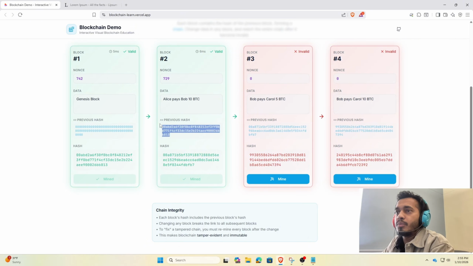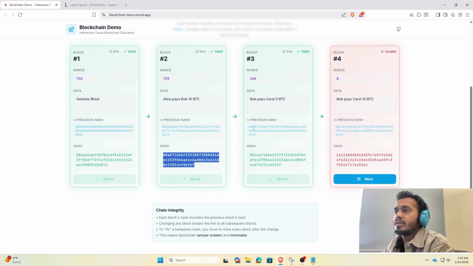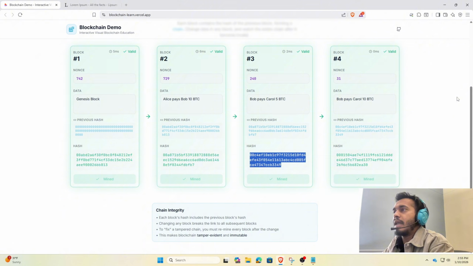Block 2 contains the previous hash, data, nonce, and block number. When all this data is combined, it produces a new hash. This is the hash from block 2, and this hash is used in block 3. The hash produced in block 3 is linked to block 4, and so on. So every new block is linked to the subsequent block in a blockchain.